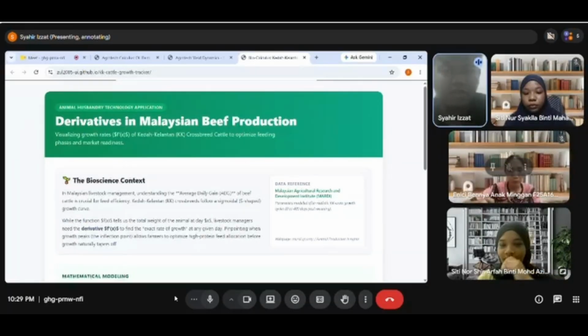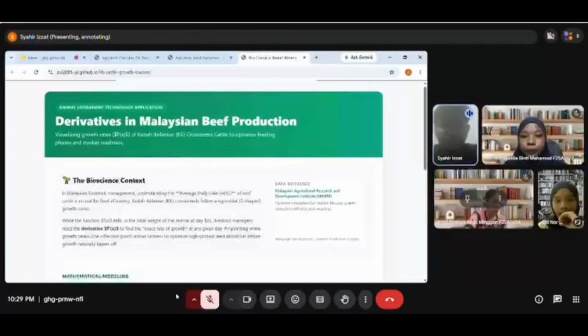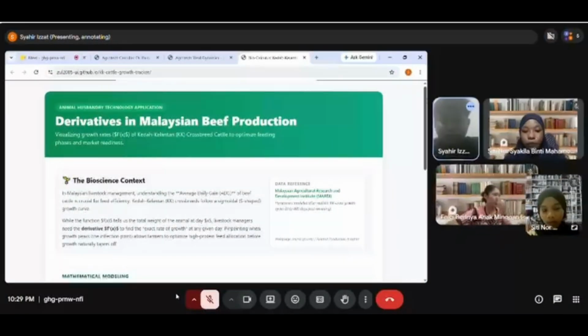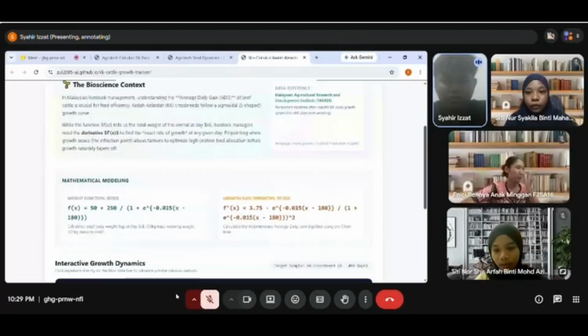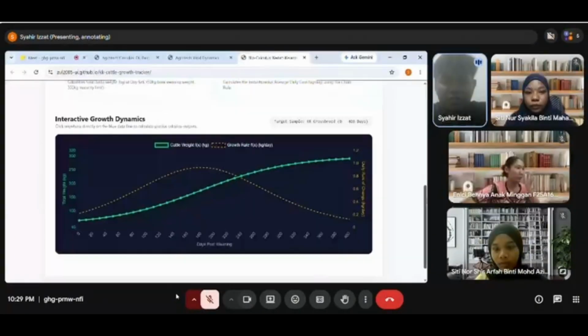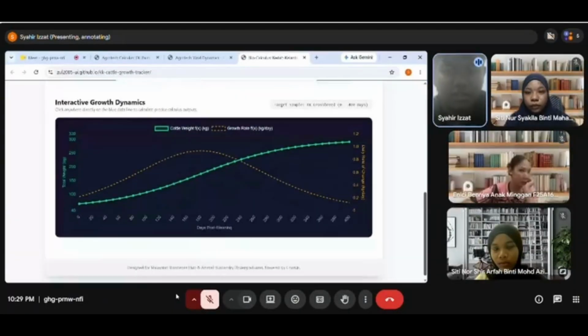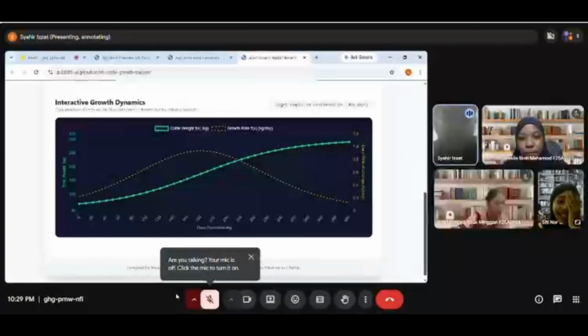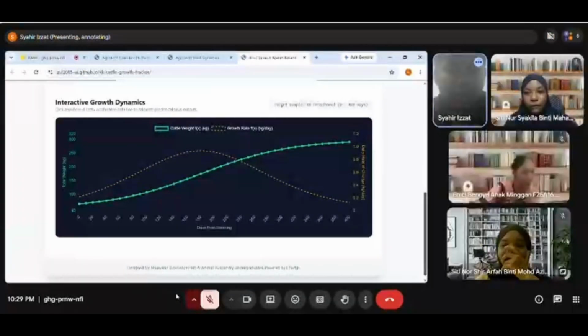This cattle follows a sigmoid, or S-shaped, growth curve. If we look at the standard weight function f(x), it only tells us the total weight of the animal on a given day. It doesn't show us how fast they are growing at any exact moment.